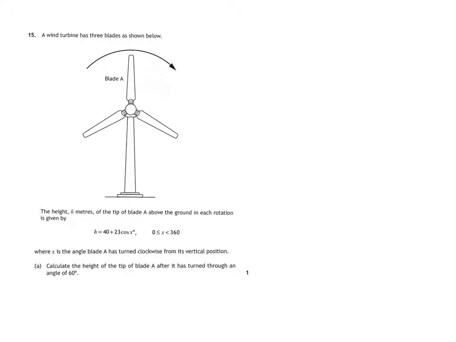Right, so this x here refers to our angle. So what we're doing is we want to work out the height when our blade there has rotated by 60 degrees. So we want to know its new height. In order to do that, we take the angle that it's turned by, which is 60, and we substitute it into this formula here.